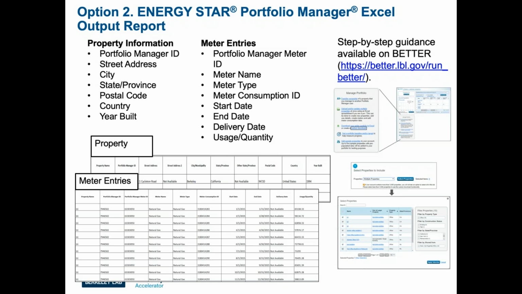Our tool has stepwise guidance for users on how to generate that Excel report within Portfolio Manager. And I think Han can show you when we do the live demo where you can download those stepwise instructions.